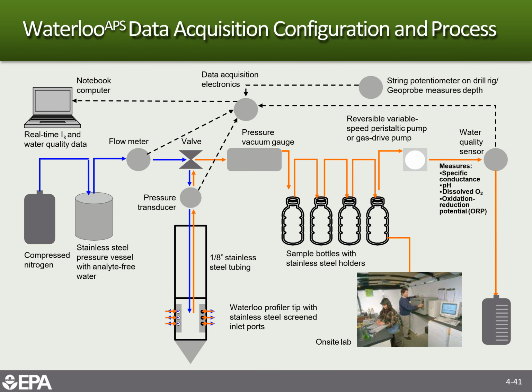This is the schematic of how it works, where you have compressed nitrogen that comes down and works as part of the profiler, and then you can switch it to sample, and it draws the fluids out, and you put them into these bottles.